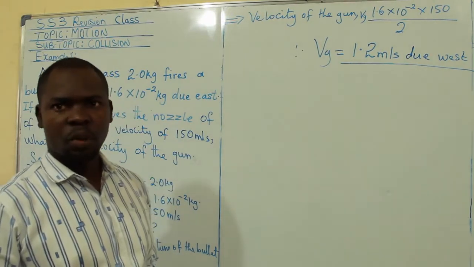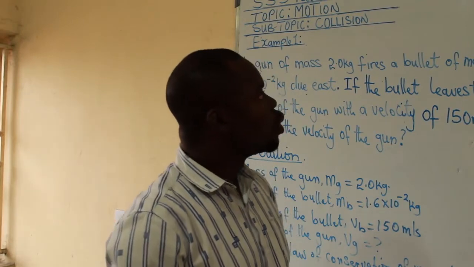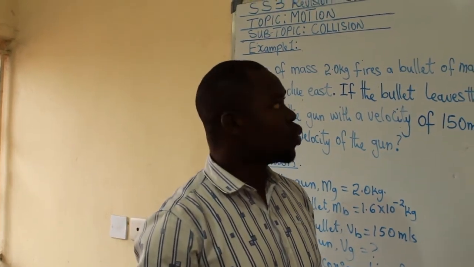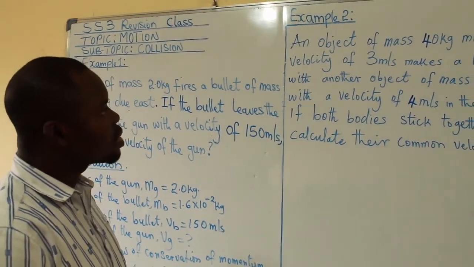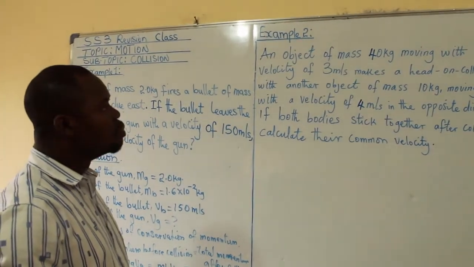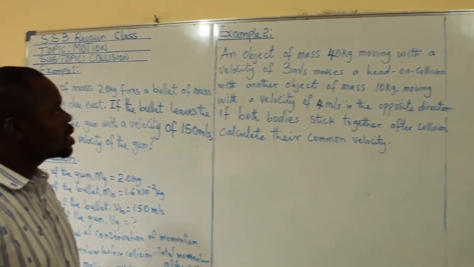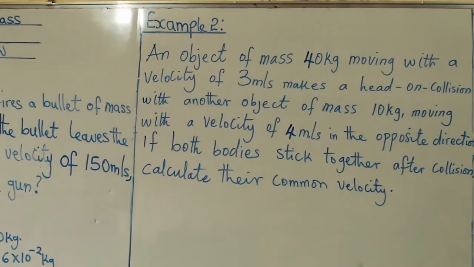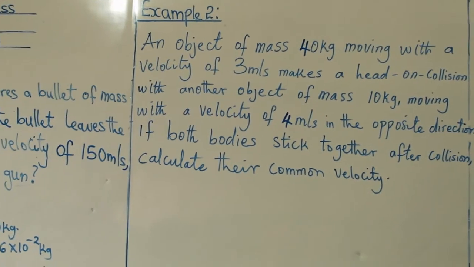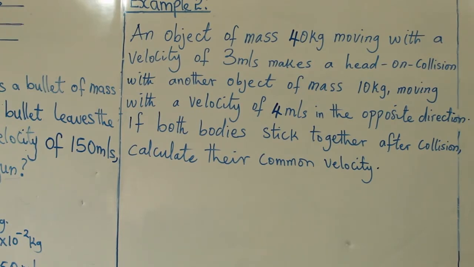Alright, we go to example 2. An object of mass 40 kilograms moving with a velocity of 3 meters per second makes a head-on collision with another object of mass 10 kilograms moving with a velocity of 4 meters per second in the opposite direction.